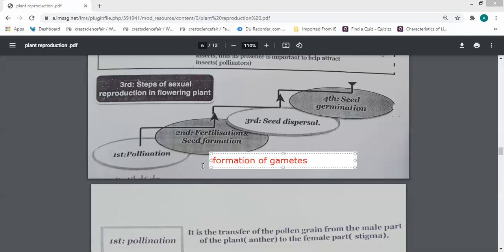After the pollination, fertilization and formation of seeds, and then the seed will be dispersed, and then the seed will be germinated. So the steps of sexual reproduction in flowering plants: after formation of gametes, pollination, fertilization and seed formation. Third step, seed dispersal. The last step, seed germination.